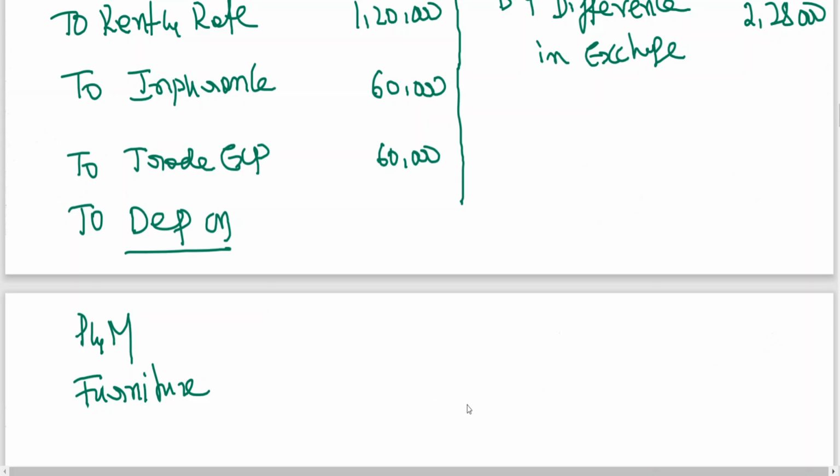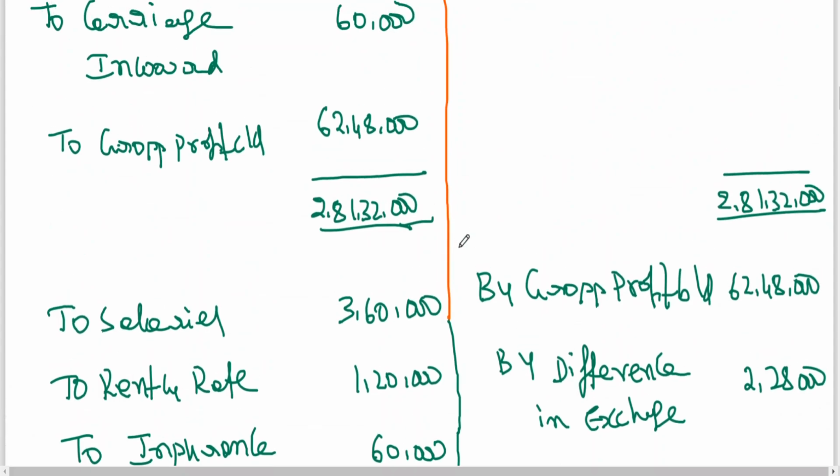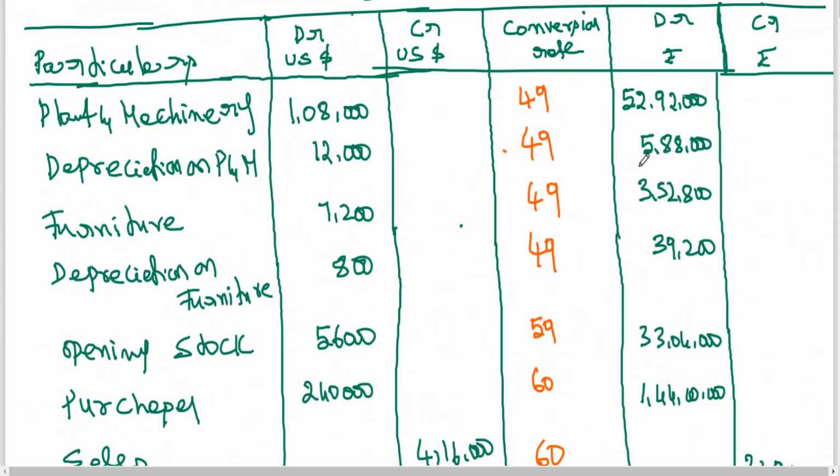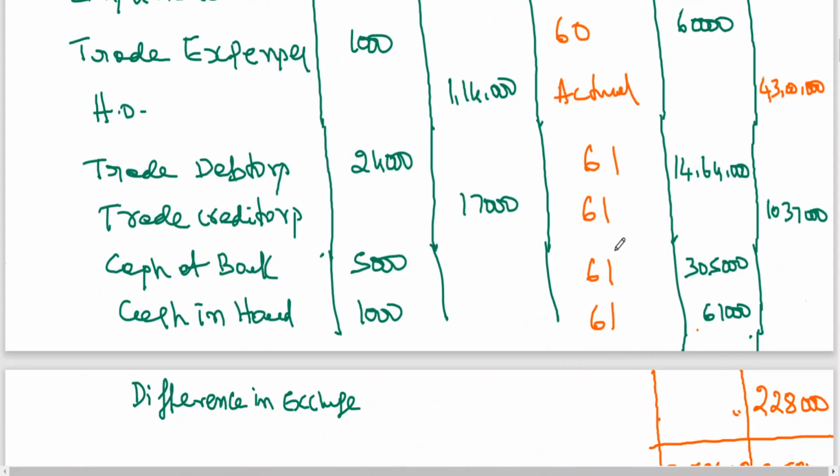Depreciation on plant and machinery, I think it is 58,000 something we got, 5 lakhs 88,000 and 39,200.